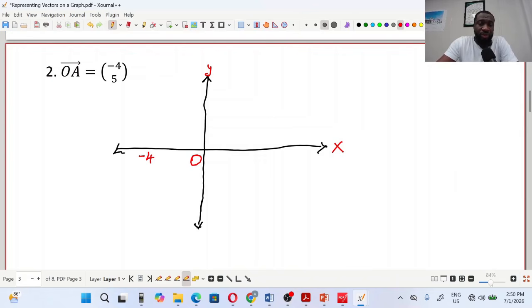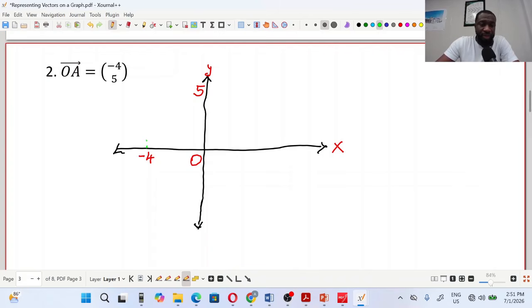So I just got to make sure that the 5 is a bit higher because I'm looking for 4 and 5. So let me represent 5 here. I know it's positive 5, so I write it here. So the question you just got to ask yourself is, if someone is at O and wants to get to the point A, how are you going to give the person direction? I'm going to say, okay, move 4 units on the left. So I've moved 4 units on the left, and I'll say, okay, move 5 units to your far north.